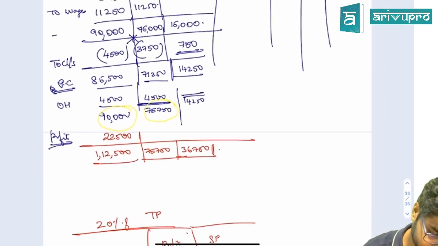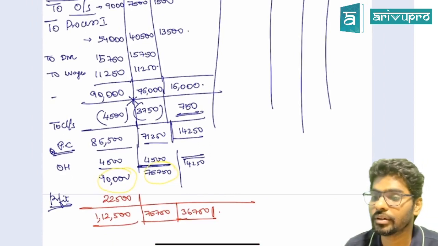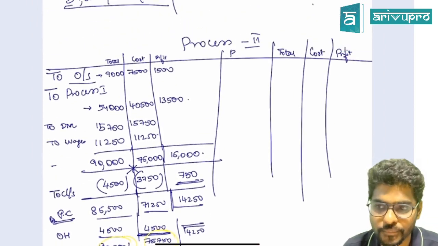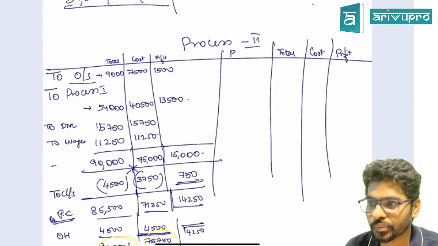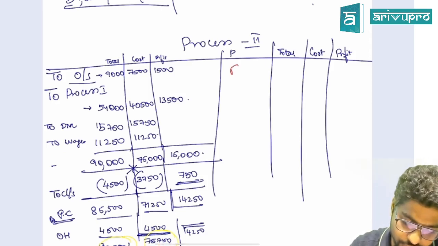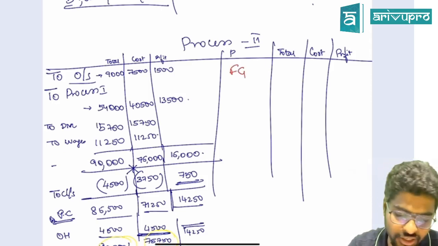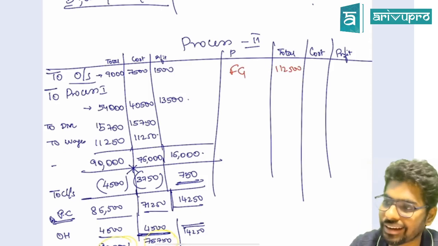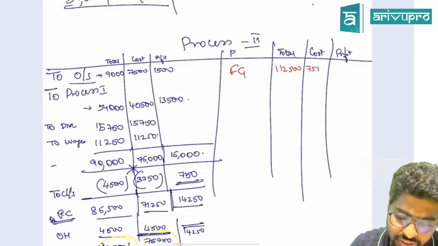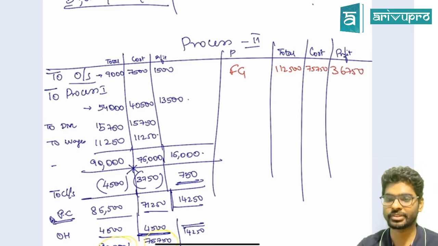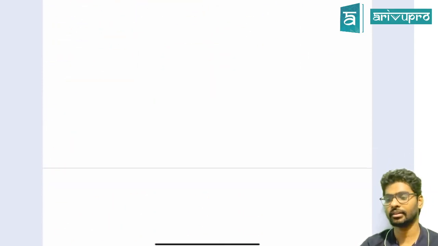Now comes the next part. When I go to the finished goods, I am transferring 112,500. My cost price is 75,750 and the profit is 36,750. Are you guys clear?